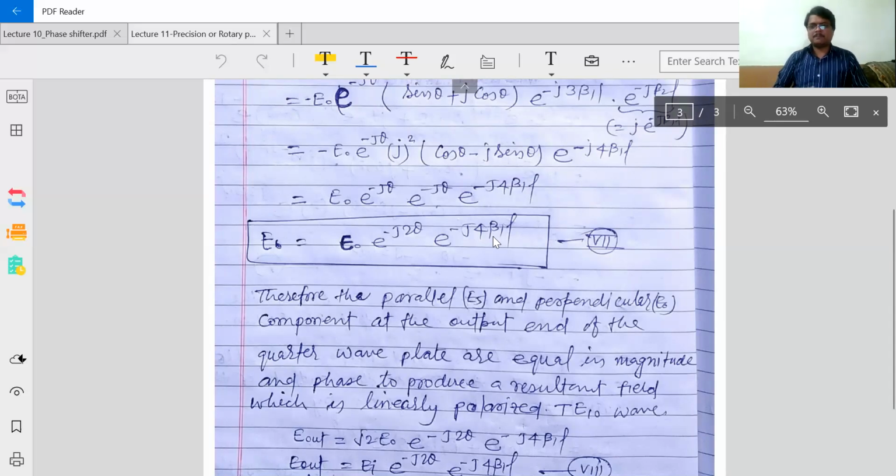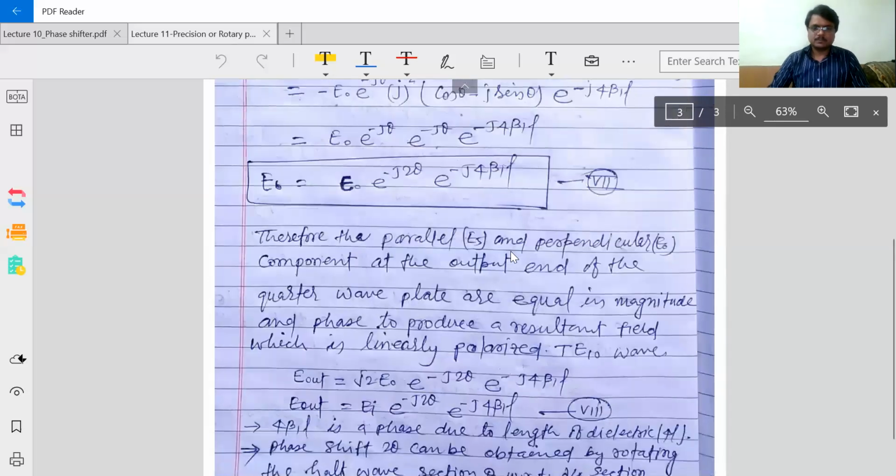So in the other path we will also put all these things, a dielectric plate of length 4l, or you can say lambda. But all will be the same. There will be no problem.